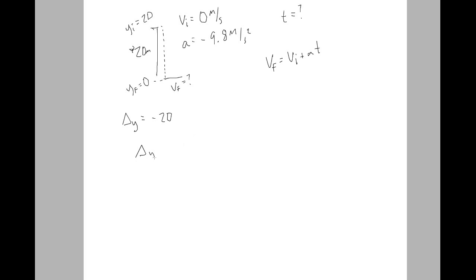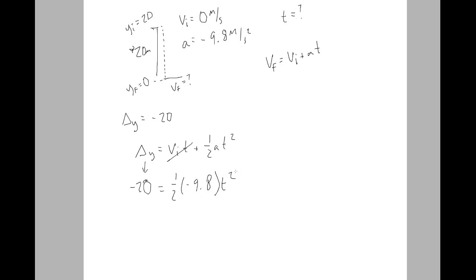So I could use the equation delta y equals my v initial times time plus 1/2 a t squared. Now my delta y is negative 20. My v initial times time, my v initial was 0, goes away. I am left with 1/2 times negative 9.8 times t squared.